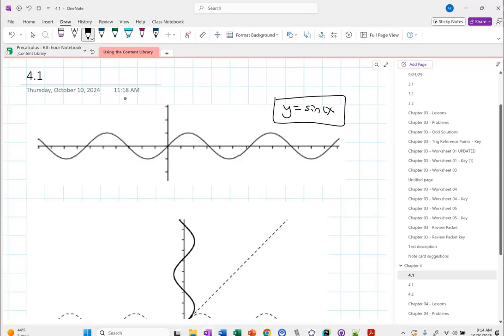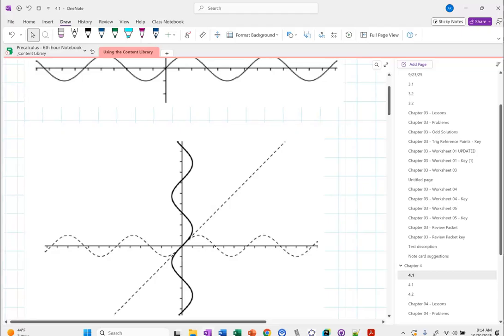Now, if you guys remember back from Algebra 2 last year, you talked about inverse functions. One way to find the graph of an inverse function is to take your function and reflect it across the line y equals x. So that's what I've done in this picture here.